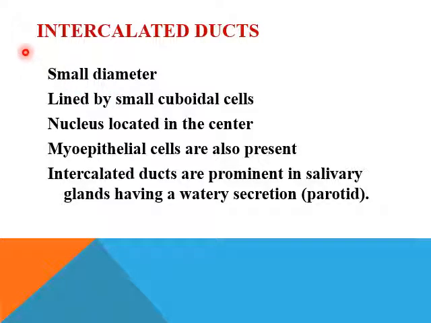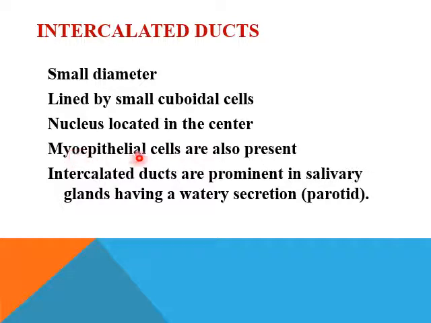The second histological component of the salivary gland is the duct. The first or smallest duct present in the salivary gland is the intercalated duct, which is small in diameter and lined by small cuboidal cells. The nucleus of these cells is located in the center.